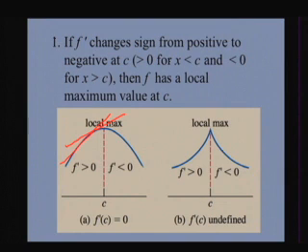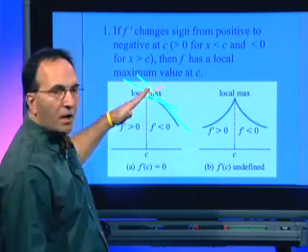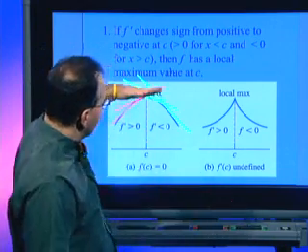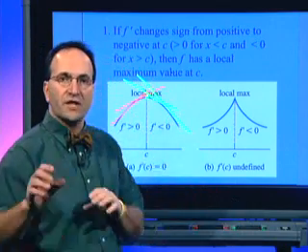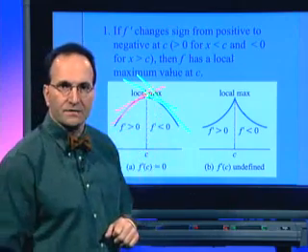And what's going to happen is right after c, it's going to start to change to the green lines, which have negative slopes. So we've got positive slopes changing. Right at c, it's 0, of course, and then we have negative slopes here. So it's changing from positive to negative, and that means we have a local max.